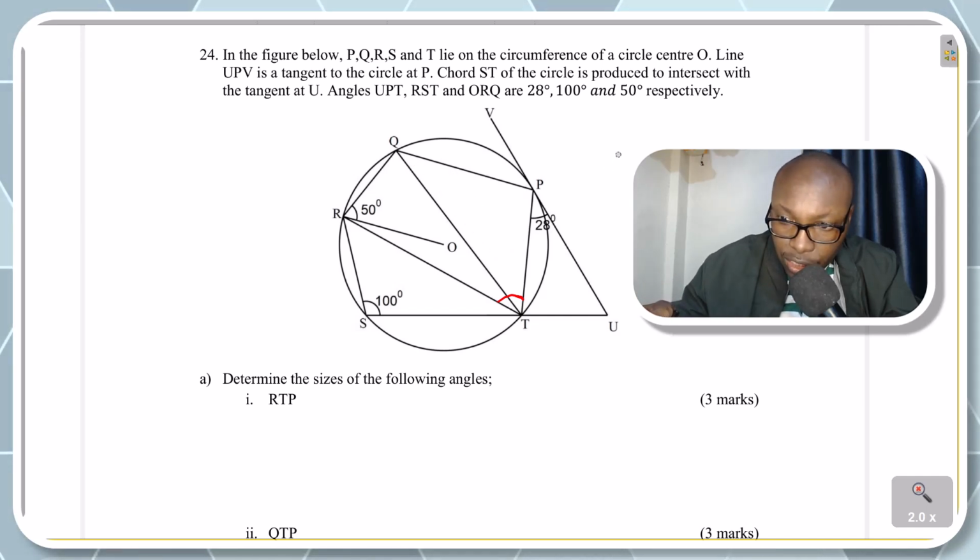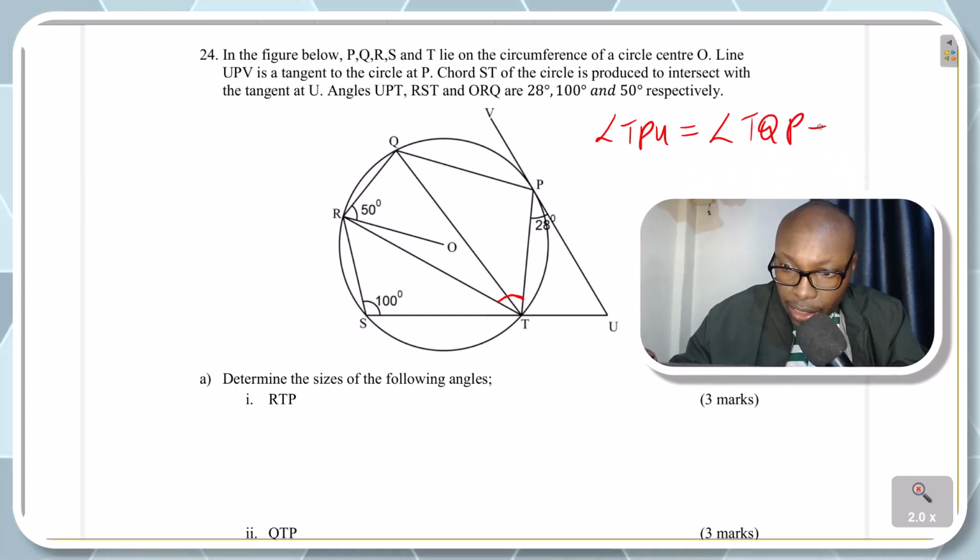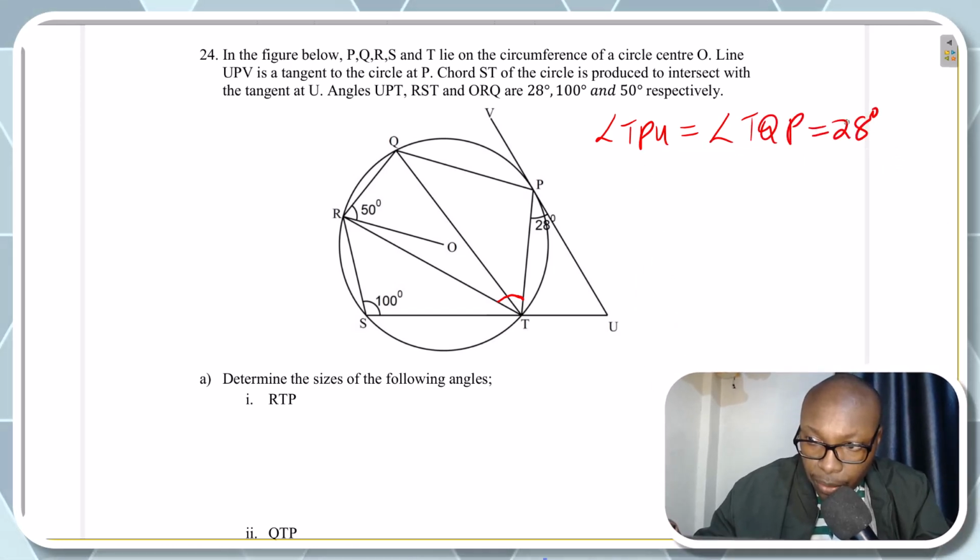Angle TPU is equal to angle TQP, and both of them are 28 degrees. Reason: these are angles in the alternate segment. Angle TPU, which is 28 degrees, is equal to angle TQP. So this angle is 28 degrees as well.